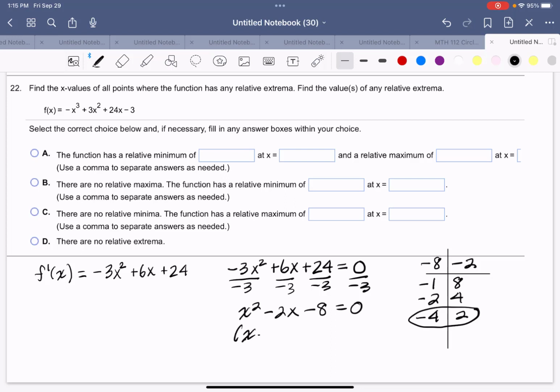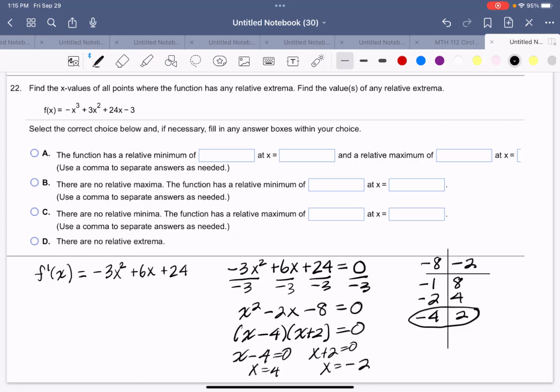So this is x minus 4 times x plus 2. Foil that out just to verify that it's right. If I set them equal to 0, x minus 4 is 0 at x is 4, and x plus 2 is 0 at x is minus 2.